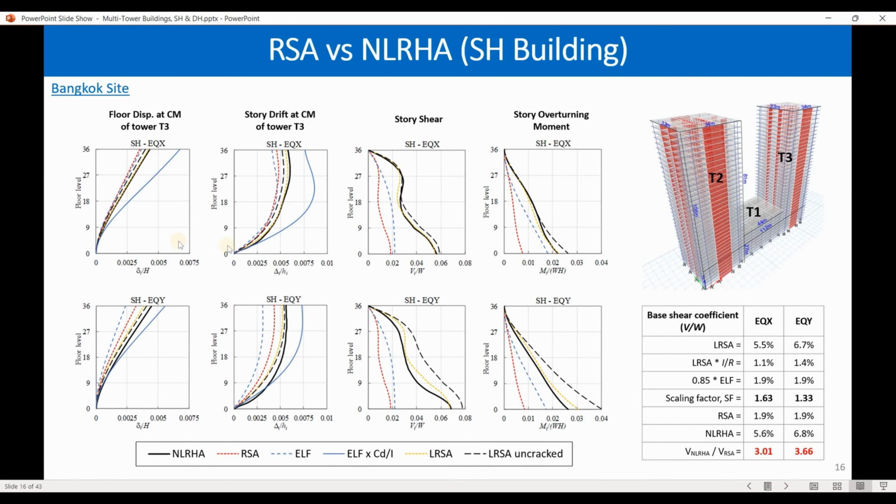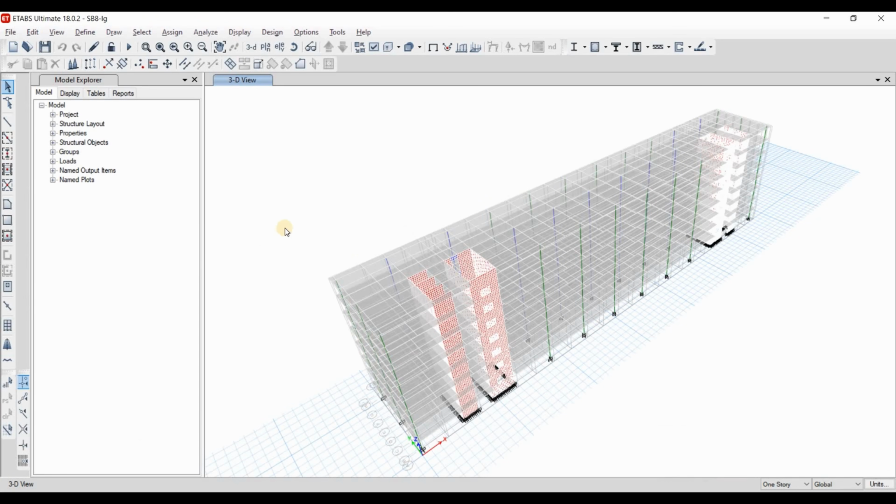the same height building. I have applied here several seismic analysis methods, but let's just focus on the first and the last method. The first is nonlinear response history analysis, and the second is linear response spectrum analysis. And I'm referring to it as NLRHA because I'm applying this method in a linear model inside ETABS, which has the same initial stiffness as the nonlinear model, okay?